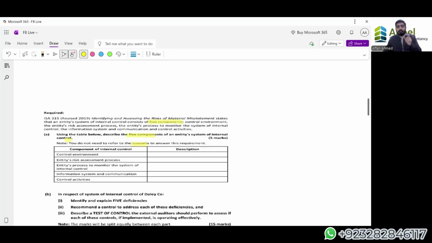If the risk assessment process is weak, what will happen? The company is not able to mitigate the risk or apply controls adequately. If no controls are applied, there is a higher chance of misstatement in the financial statements.